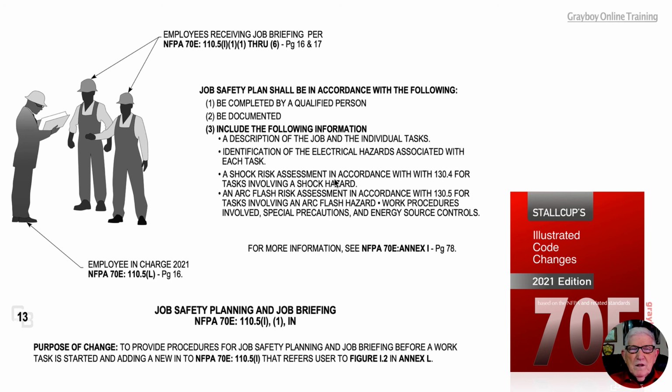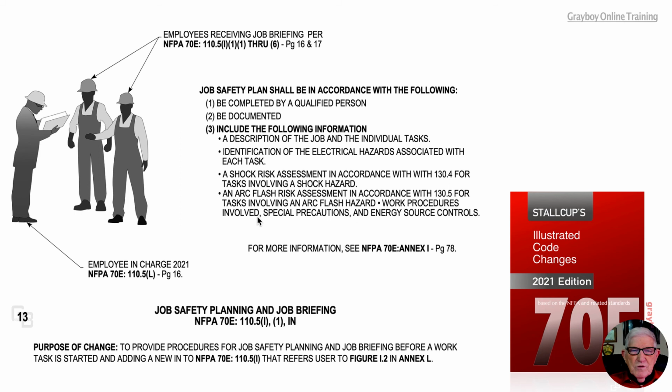Now we know we can go to the table, I believe it is 130.4 EA, and we have voltage levels there, and we have the shock boundaries listed there. An arc flash assessment in accordance with 130.5 for the task involving an arc flash hazard.